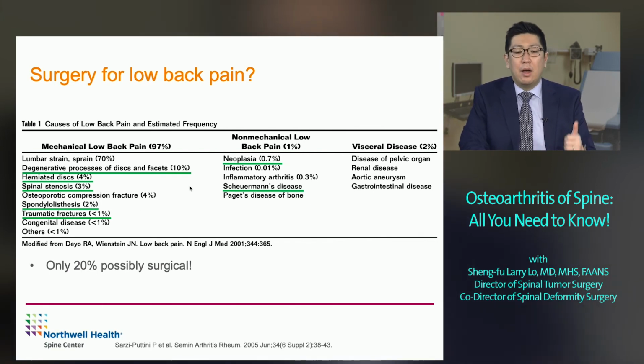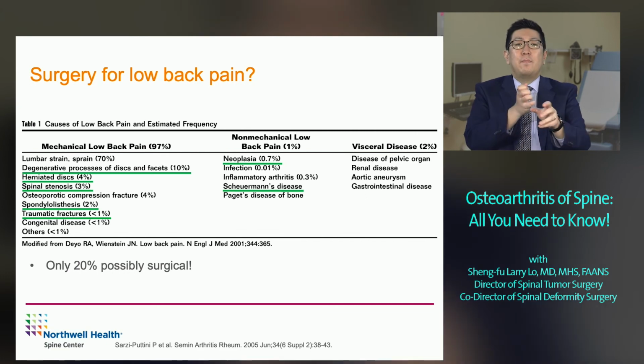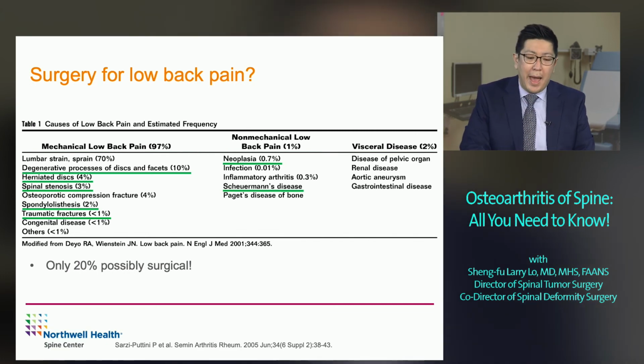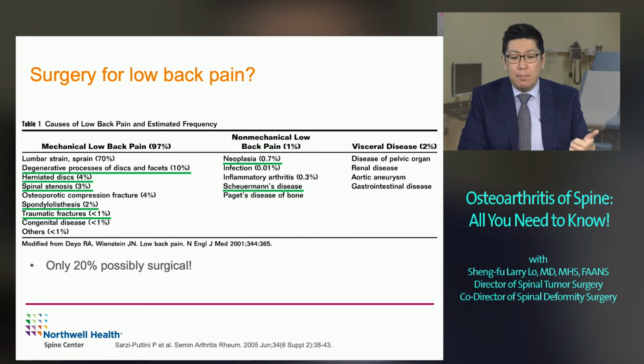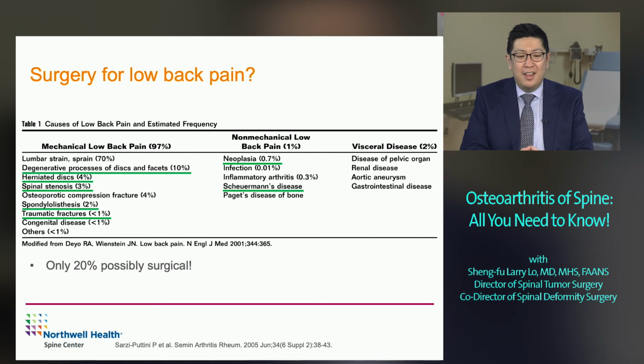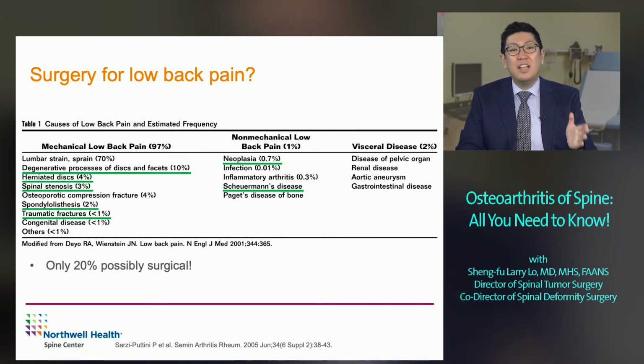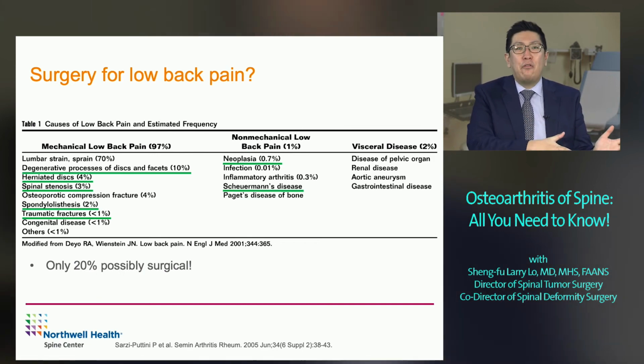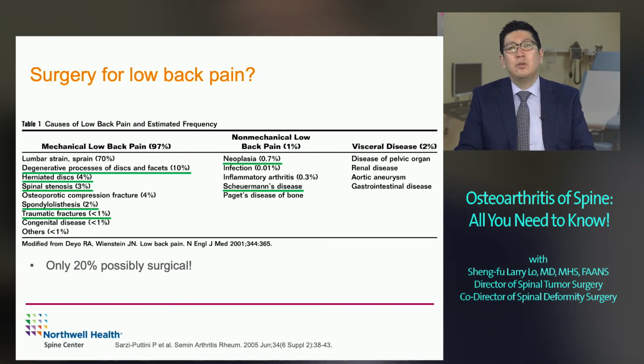We're talking about degenerative disc disease or degenerative facet disease, herniated discs, spinal stenosis, spondylolisthesis, fractures, neoplasia or tumors, or Scheuermann's disease. If you tally these up, it's only approximately 20% of the causes of low back pain that might even be surgical, which is why we limit surgical referrals to patients that have failed conservative management measures or have specific neurological problems.